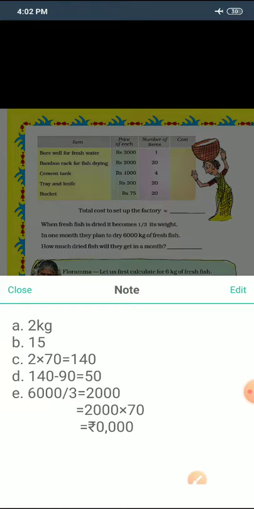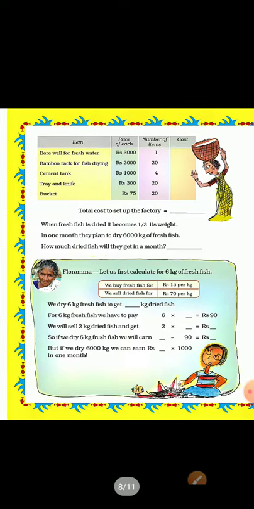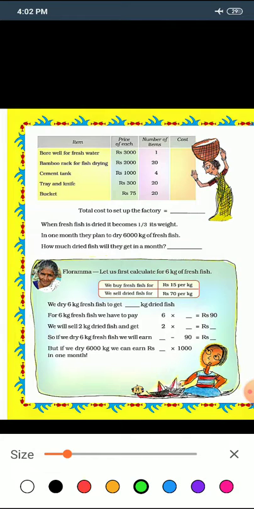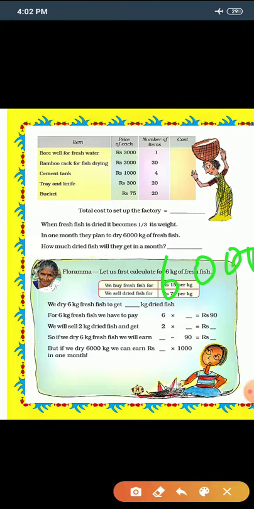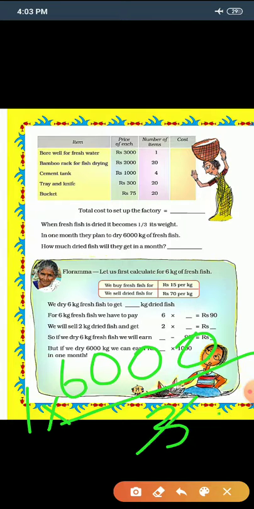Now see here, if they are taking 6,000 kg of fishes, and what is said is that the fish will become 1/3 of its weight. 1/3 means divided by 3, because 1/3, that is 6,000 multiplied by 1 is 6,000 only, and divided by 3. 3 ones are 3, 3 twos are 6, 0 0 0.